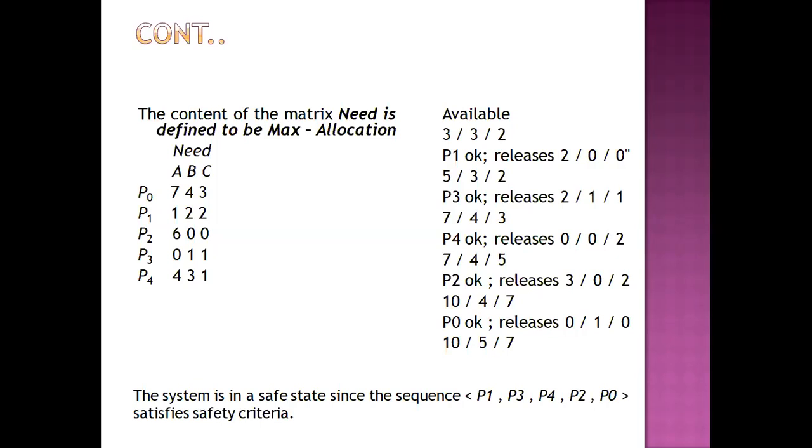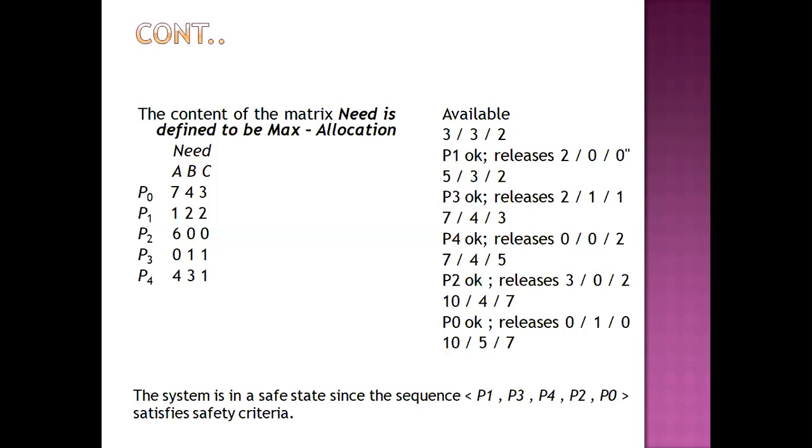So it can successfully execute. After execution, P1 will release all the resources already acquired by P1, which increases the available resources, and then the other processes P2, P3, P4 run accordingly.